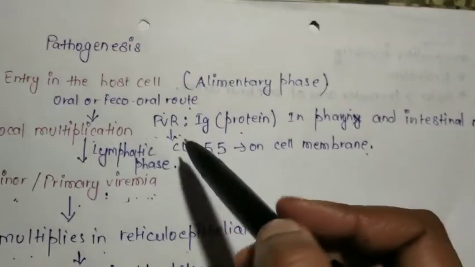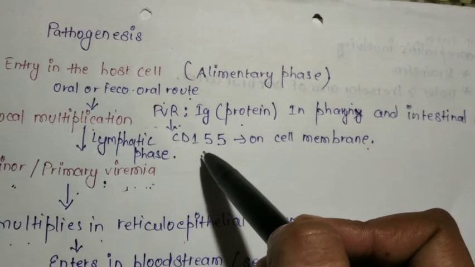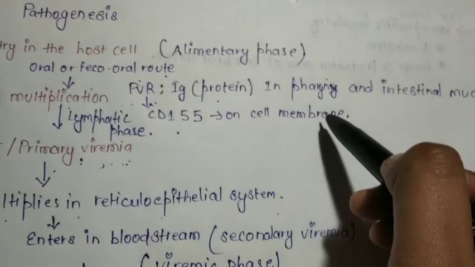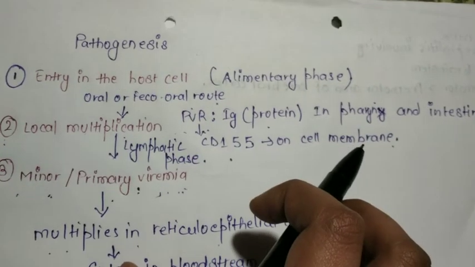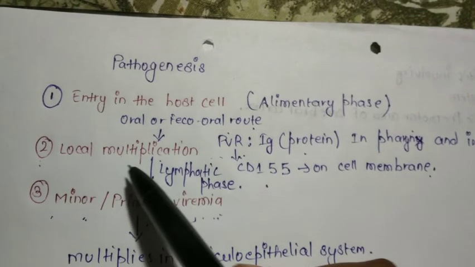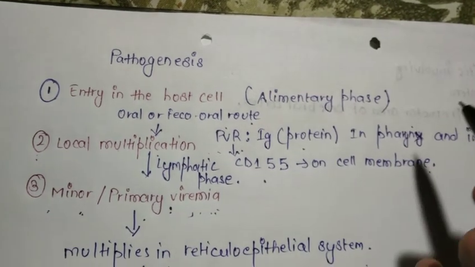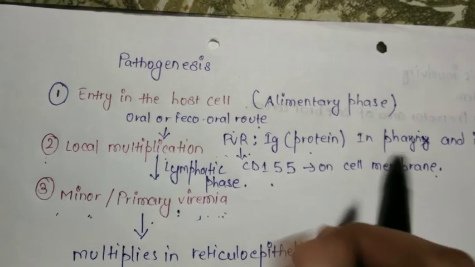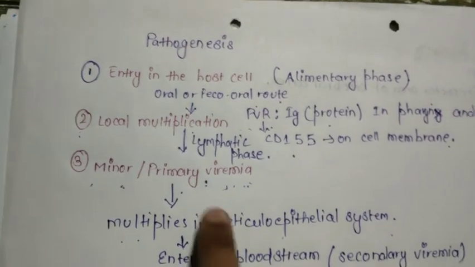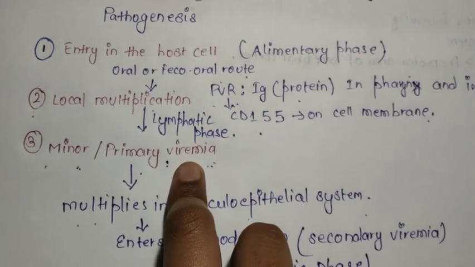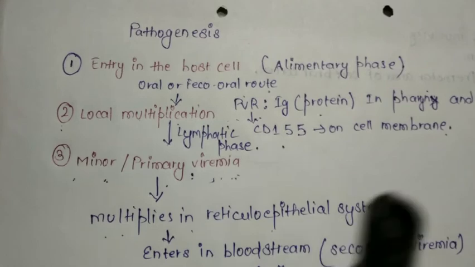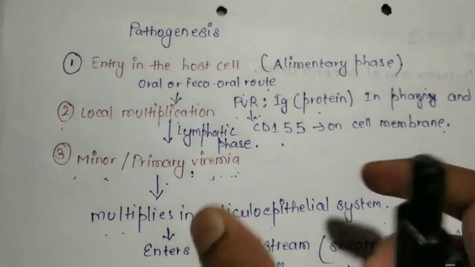This PVR, also called CD155, is always present on the cell membrane of the pharynx and intestinal mucosa, where they multiply, forming the lymphatic phase. The viruses spread to the tonsils and multiply in the Peyer's patches. This phase is the lymphatic phase.